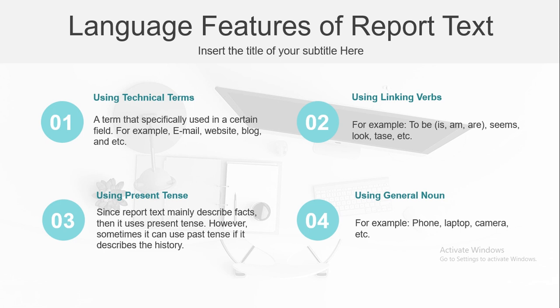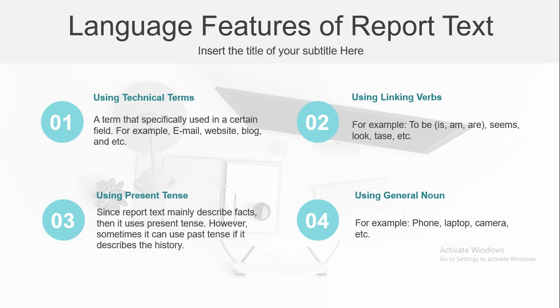And then the next, it's about the present tense. So when you want to make a report text, it should use a present tense. Kenapa harus present tense? Because a report text mainly describes facts, then it uses the present tense, fact yang sampai sekarang terjadi gitu ya. Itu akan seperti apa, bentuknya seperti apa, what's the kind and what's the shape for example.